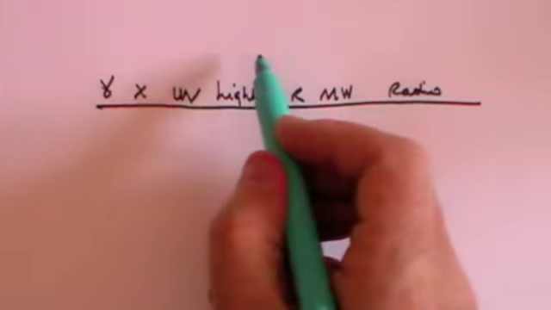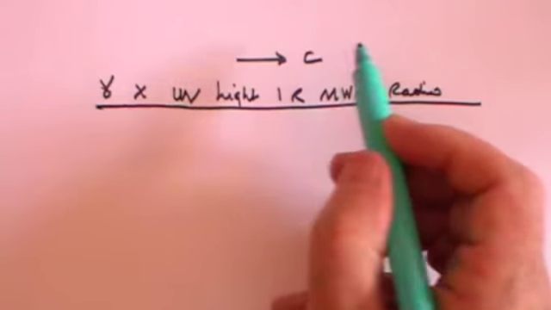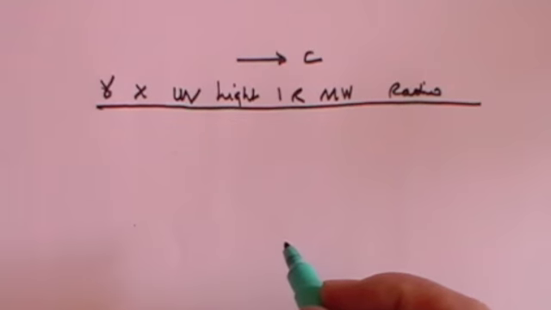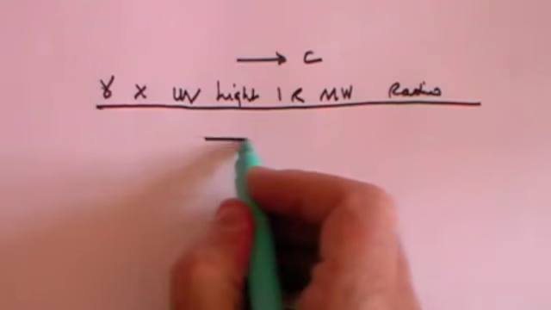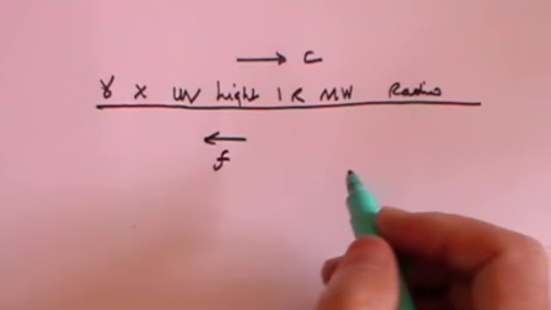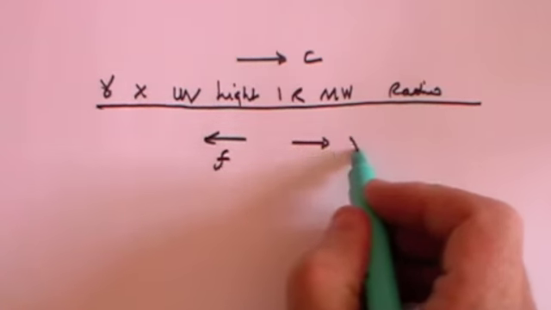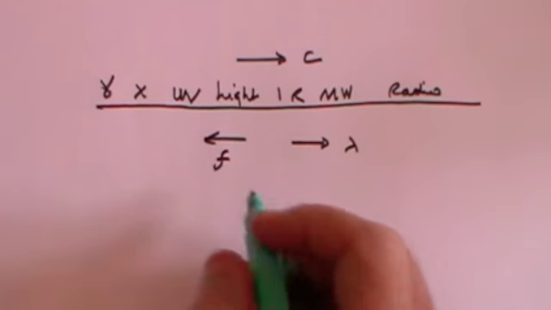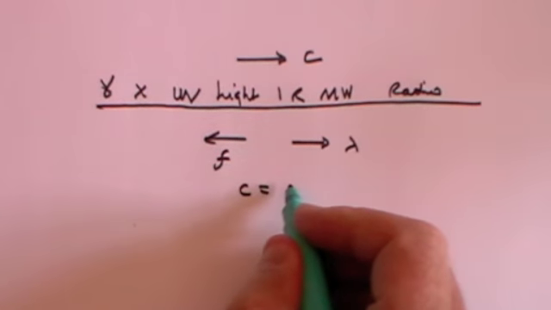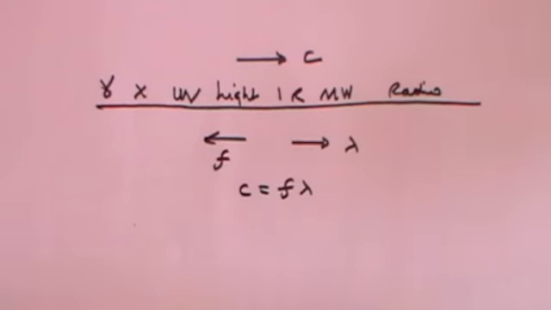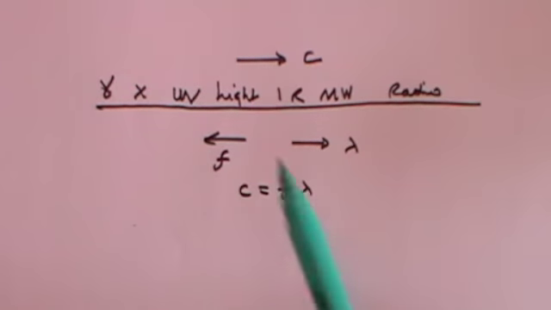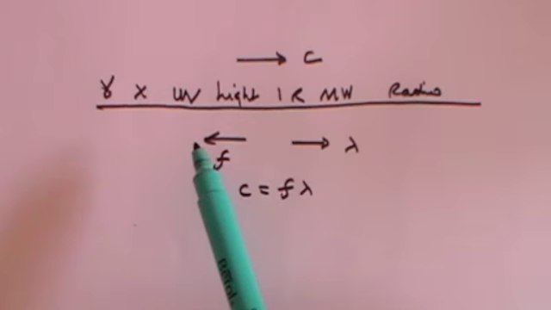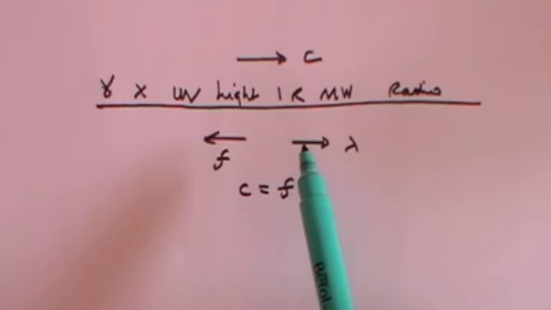All of this radiation travels at the speed of light c, but the thing that distinguishes it is its frequency or its wavelength. This is the direction of increasing frequency, this is the direction of increasing wavelength, and of course the speed, which is constant, is equal to the frequency times the wavelength. So as the frequency increases, the wavelength decreases.